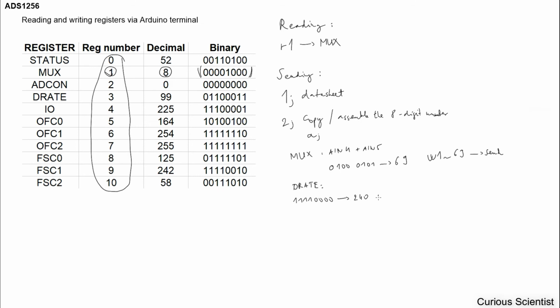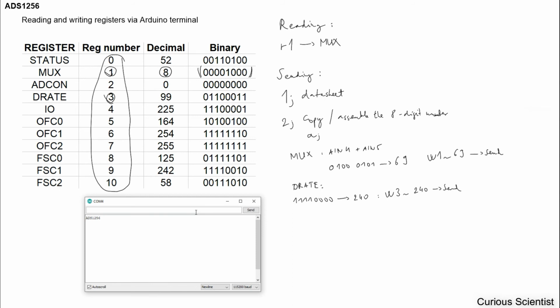So what you do here is you want to change the data rate. This is the third register, so W3. You hit space, then 240, and send it. And you will have the register set up to the required value. I'll show you this in the terminal as well.